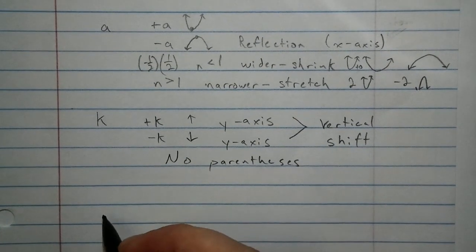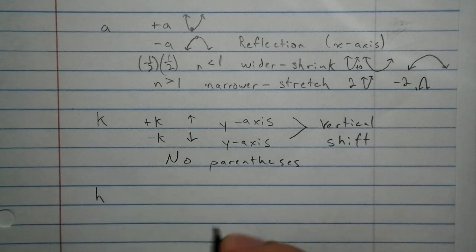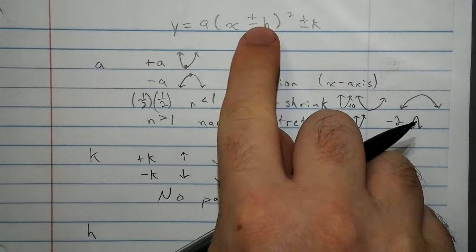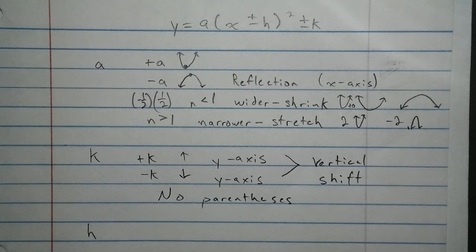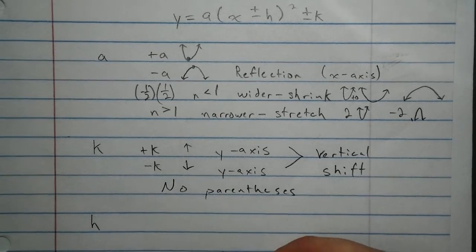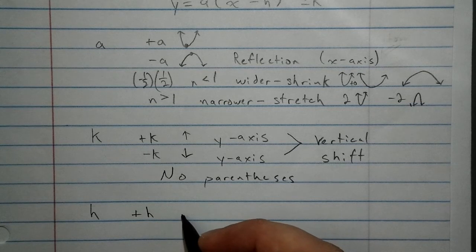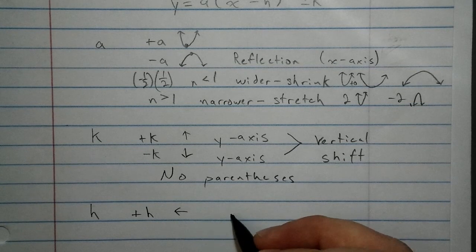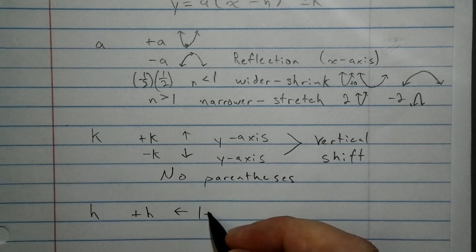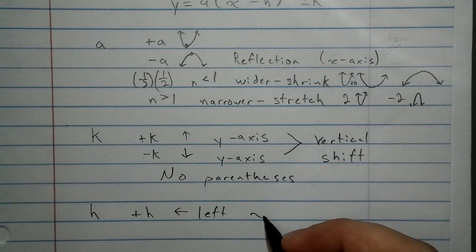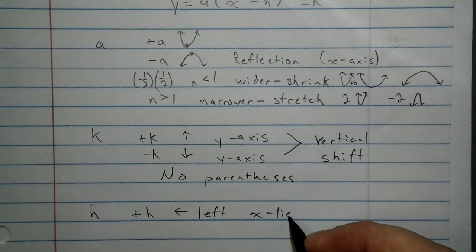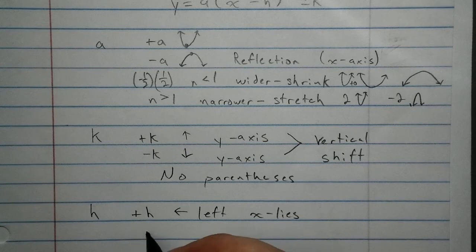Now, if you have the H value, which is what we learned about today, the H value is the one inside the parentheses. If you had a plus H, you're going to move to the left because X lies. If you had a negative H, you're going to move to the right.